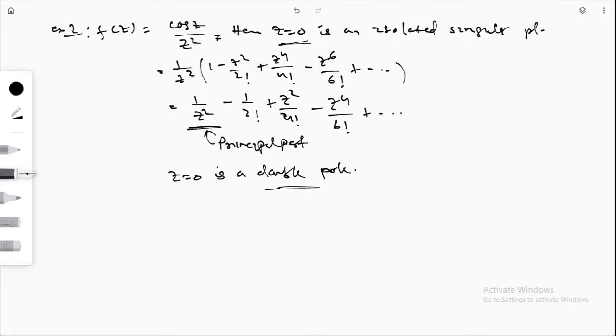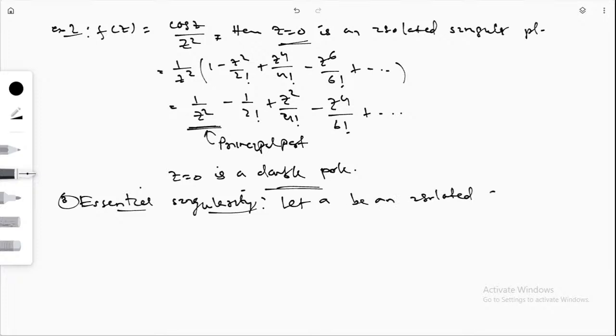So now comes the third isolated singularity category, which is the essential singularity. Okay. So what is the definition of essential singularity? What do I mean by essential singularity?